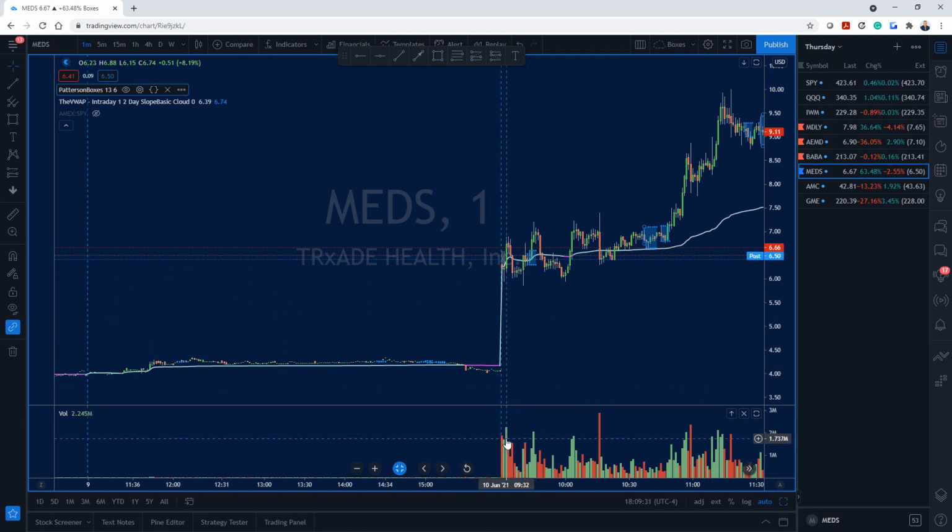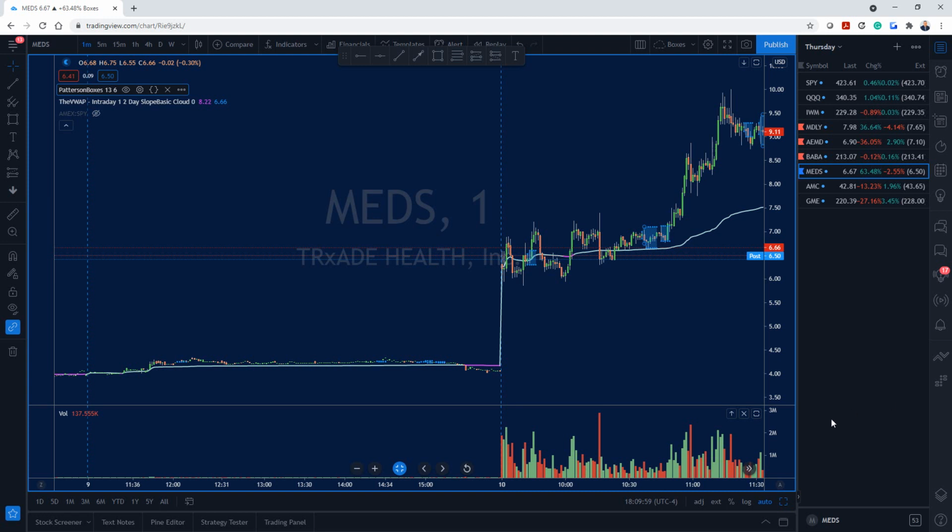Because if price went from 4 to 6 on high volume, you want to lean against those buyers, because that's a big demand, especially on a low float stock.